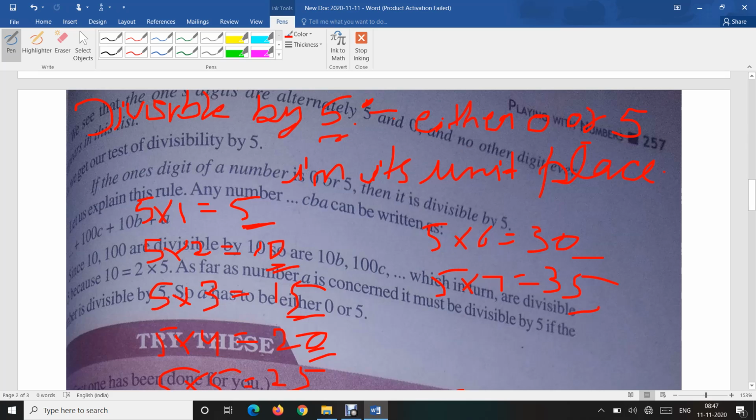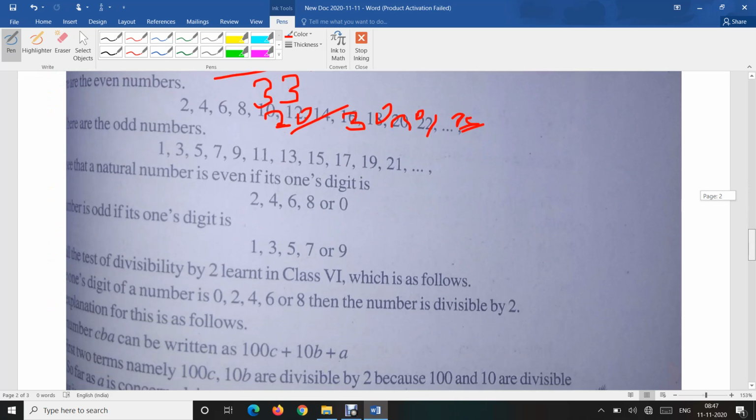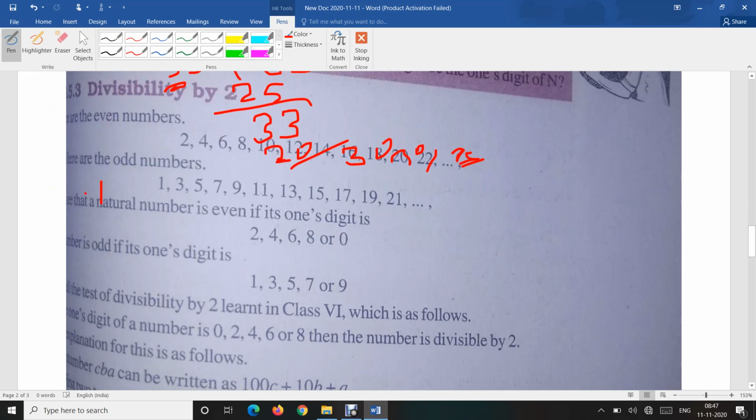Now the next is divisibility by 10. How can we check whether the number is divisible by 10 or not?